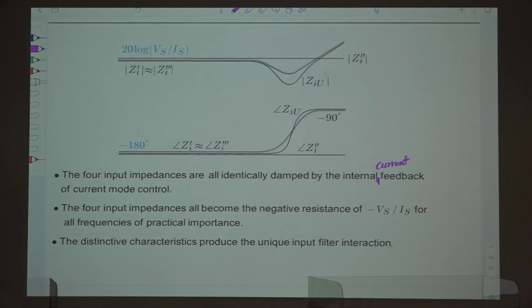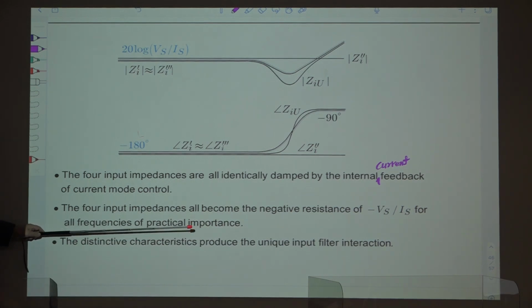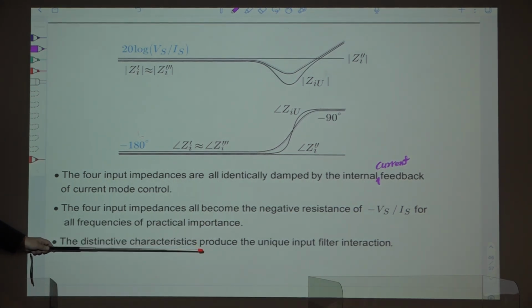For the voltage mode control, there are two feedbacks. One is current feedback, and the other one is voltage feedback. They are coming together. Four impedances all become the negative resistance of this value for the frequency of all practical interest, and this characteristic produces very unique and surprising input filter interaction.